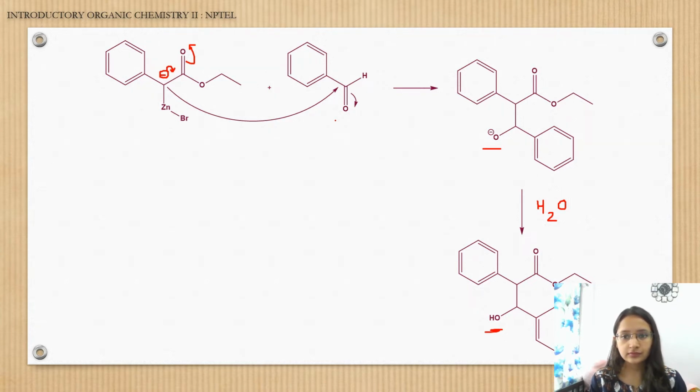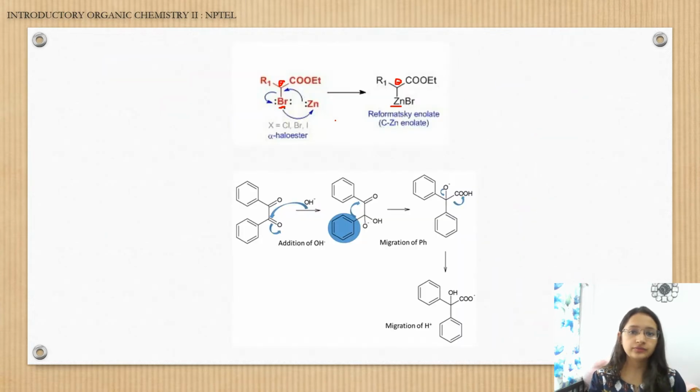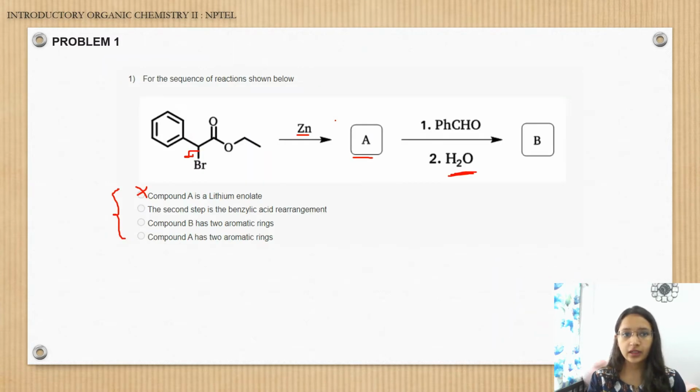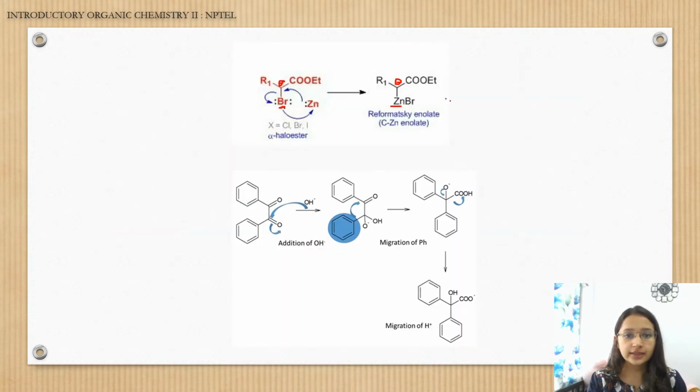Okay, so now coming back to the question. The second option was that the second step is the benzilic acid rearrangement. Guys, now we have to look at what a benzilic acid rearrangement is. This is the substrate.